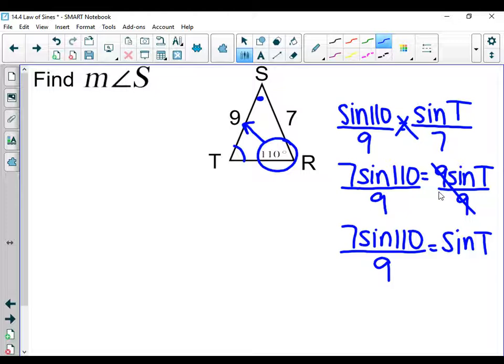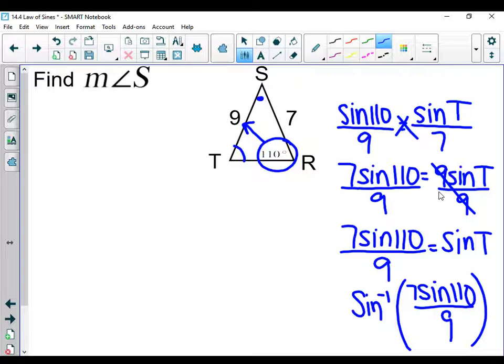So I'm going to do the inverse of sine of 7 sine of 110 all over 9, okay? So we want to know what the angle measure is, so we're going to use the inverse of sine, so second sine. We're going to plug the rest of that in.